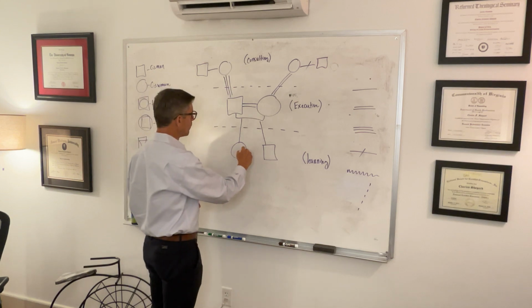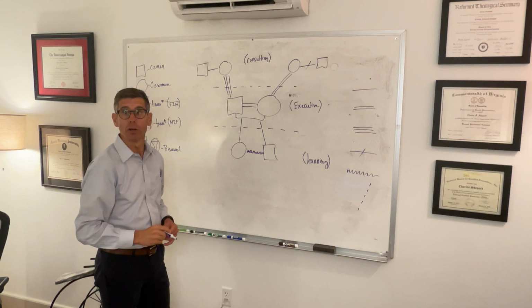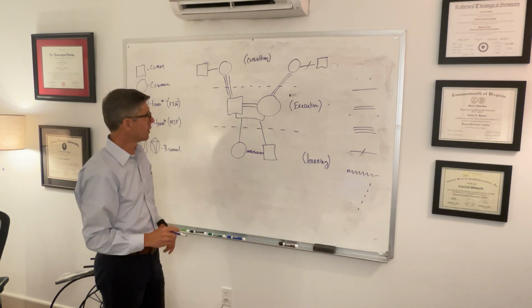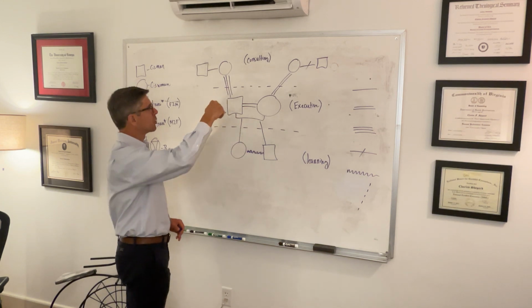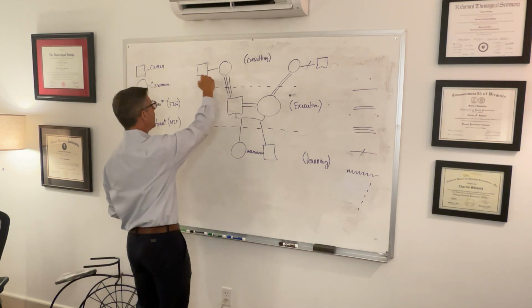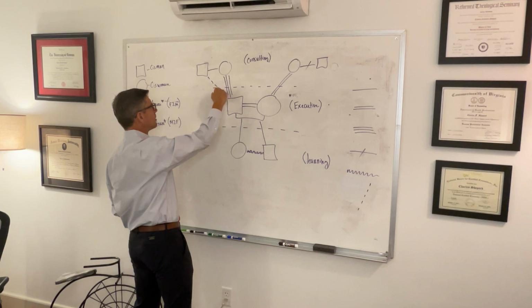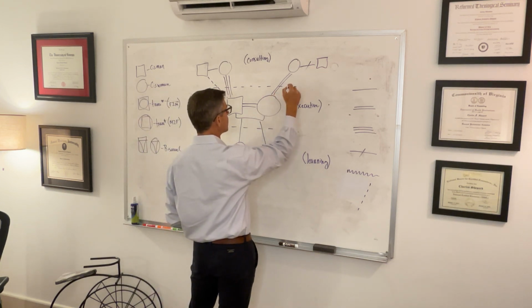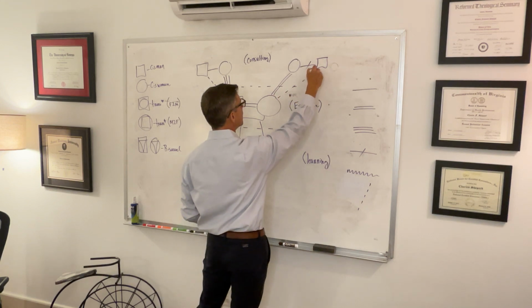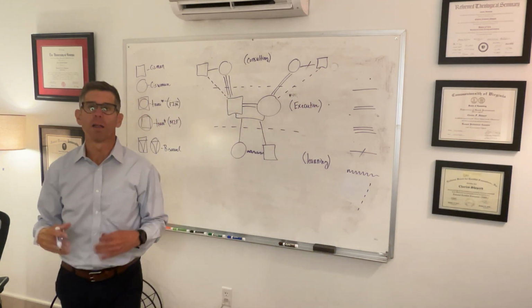In this case, maybe we'll say that we have some sibling conflict happening in the learning or child generation. And when you have a dotted line going between figures, it indicates distance. We'll say the parents in the executive generation feel distant from their fathers in this scenario.